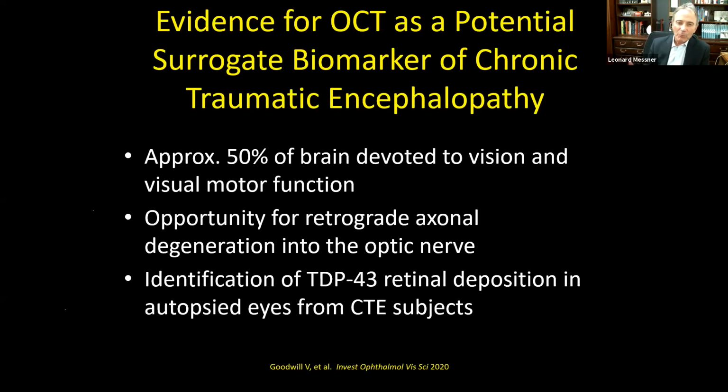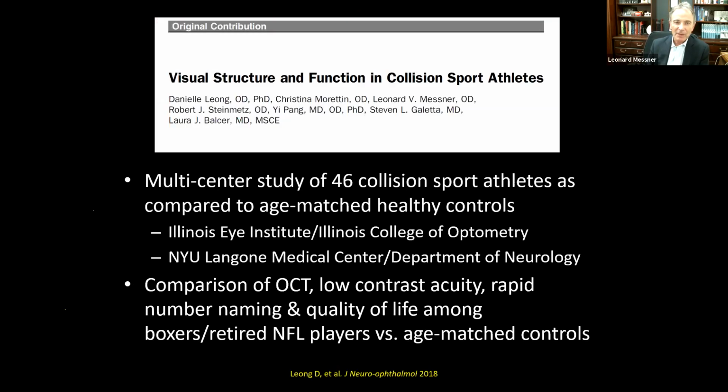So that got a number of us thinking at the time, well, if this is what is going on at a microscopic level within the retina, then perhaps there are ways of at least indirectly being able to look for potential damage to the retina through some of the imaging techniques that we use, notably optical coherence tomography.